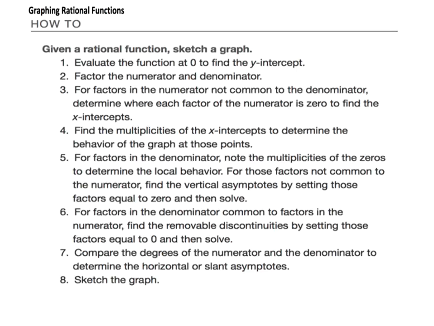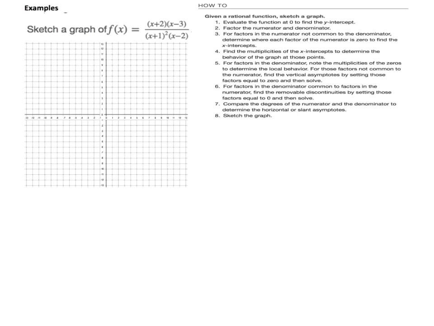You also want to note the multiplicity of those because we need to decide if it has the tendency at that asymptote to act like the rational function or the rational square function. And that'll become more clear when we look at it here. Compare the degrees of the numerator and the denominator to determine the horizontal or slant asymptotes and sketch the graph. Okay, so let's take a look.